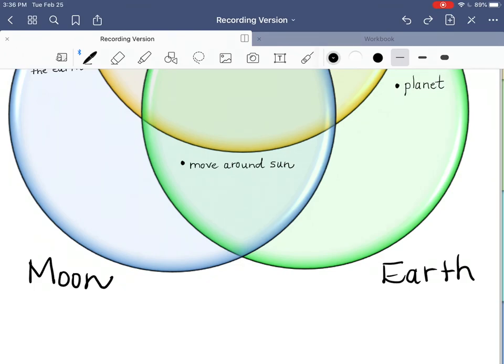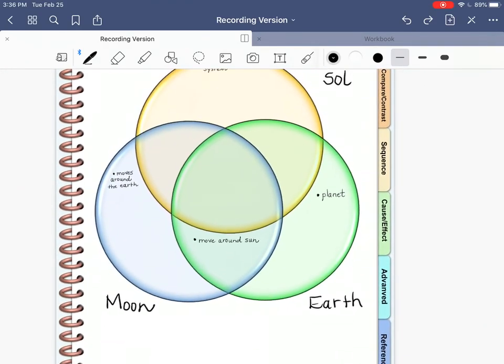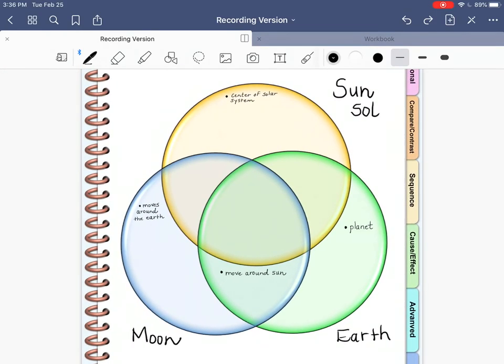Okay, I need to check these off so I remember the ones I've done. Okay, what about the phrase bigger than the moon? Well, the earth is bigger than the moon, but so is the sun. They're both bigger than the moon.